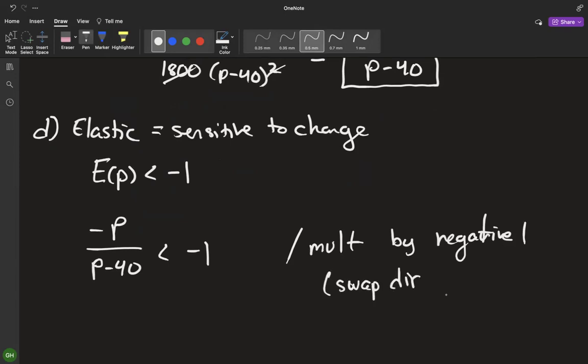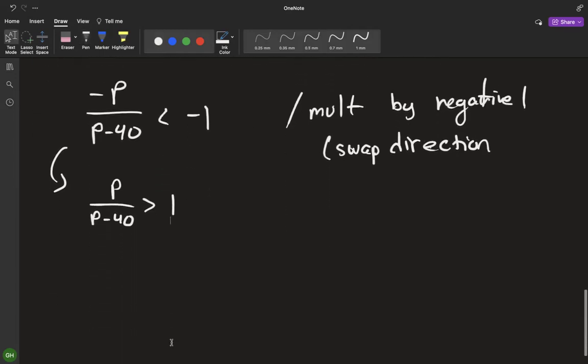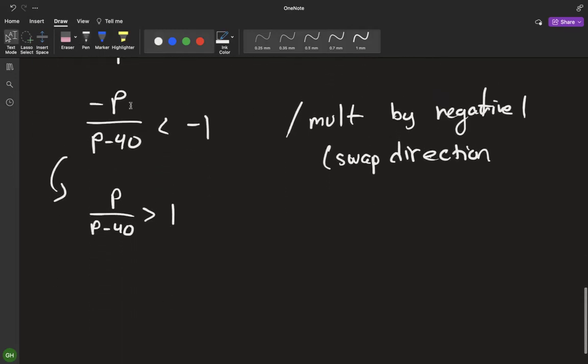Anytime I multiply by a negative number, I have to swap the direction. So this becomes P over P minus 40 is greater than 1. And this sort of makes sense. If I want negative P over P minus 40 to be less than negative 1, then I want the absolute value to be greater than 1.